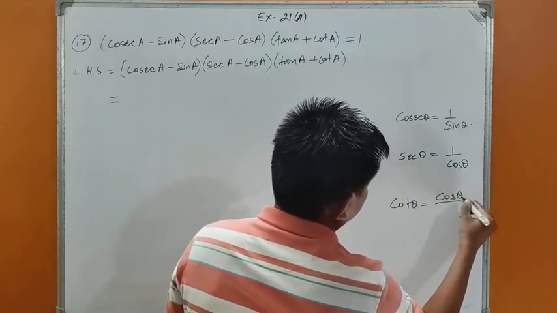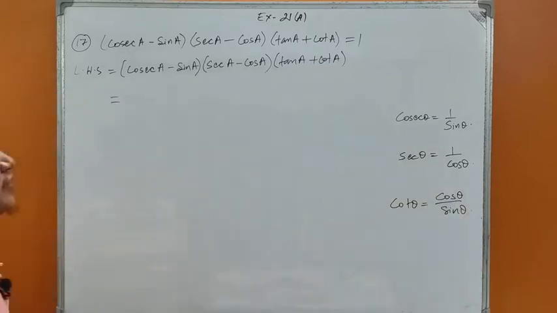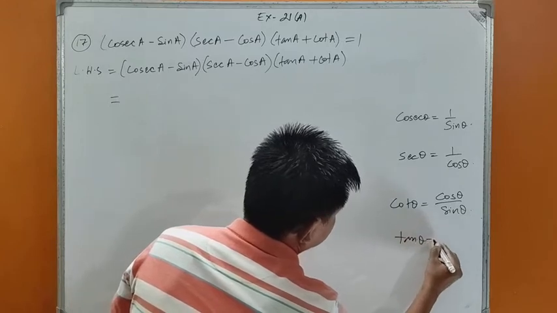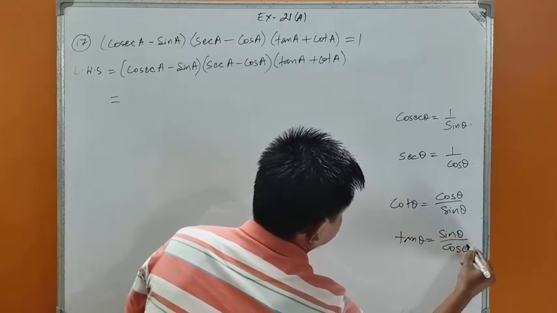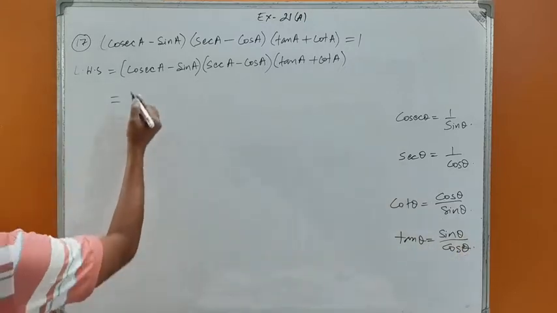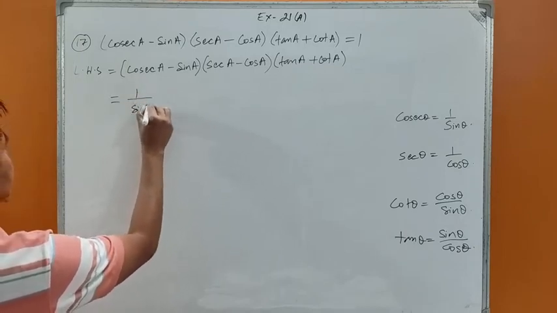Tan theta equals sin theta upon cos theta. Okay, let me write that also. Tan theta equals sin theta upon cos theta.